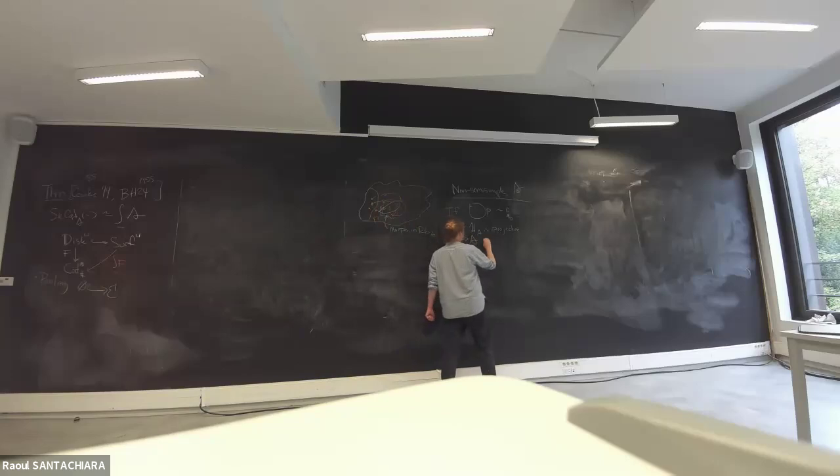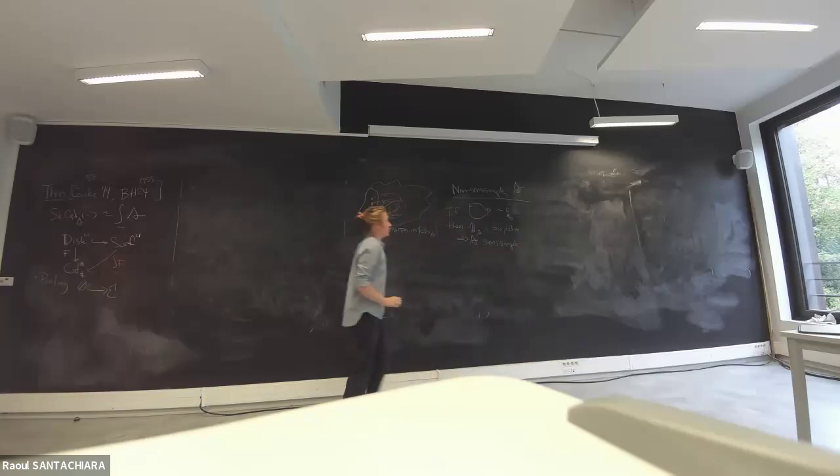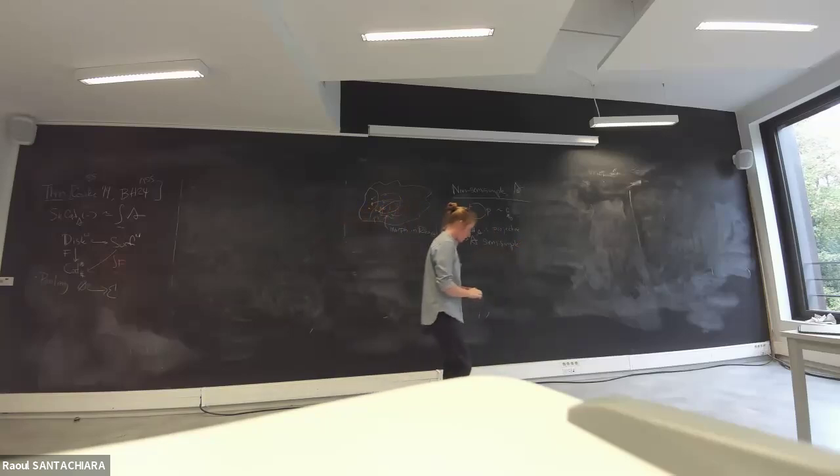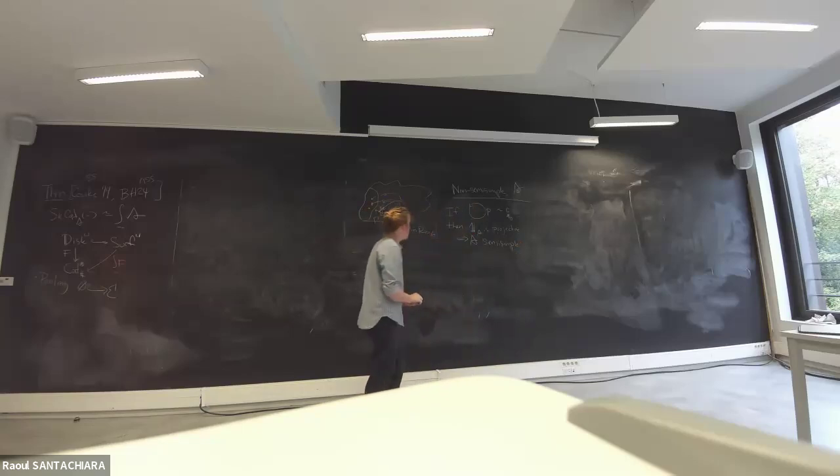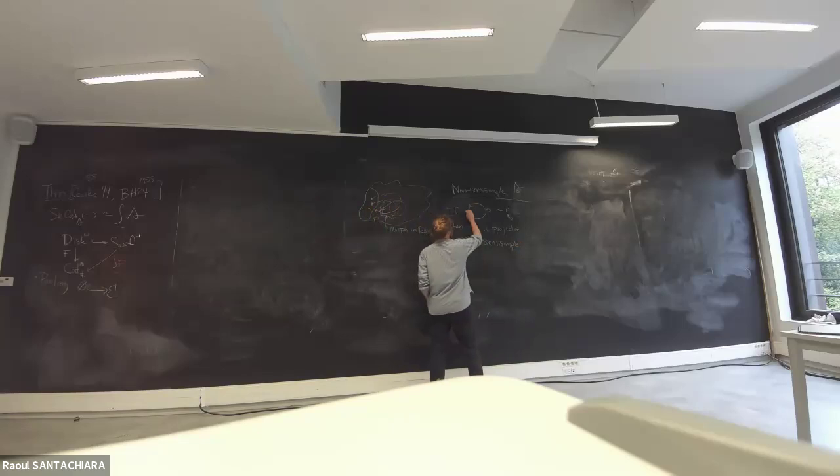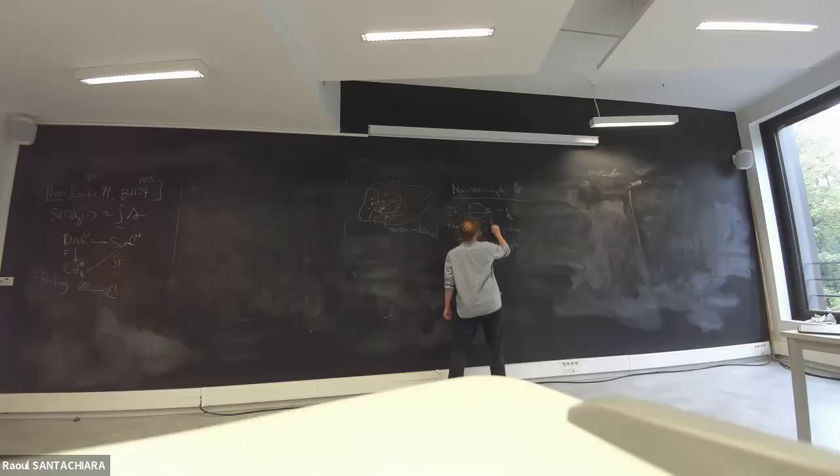And then the last part is that this is semi-simple. And how does this fact go? Well, if I look at the bottom half, this is some morphism from the unit to P tensor dual.